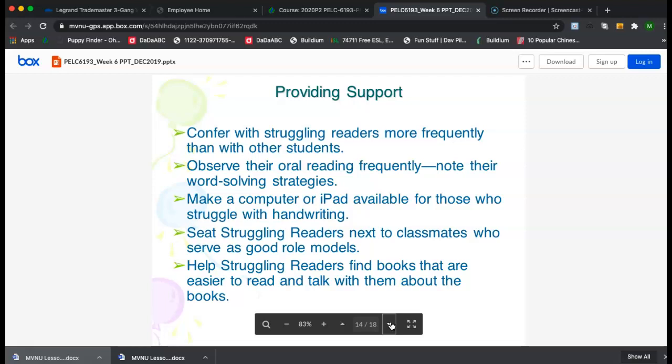Seat struggling readers next to classmates who serve as good role models. Help struggling readers find books that are easier to read and talk with them about the books. It's not so much finding books that are easier for them to read, but books that are on their appropriate instructional level.